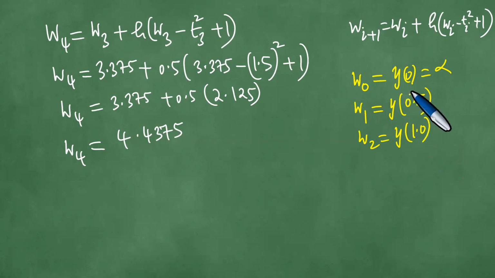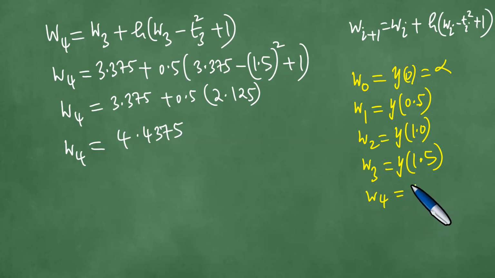Just maintaining the decimal digits there. Then now if you have W3, you add again the h to the 1.0, getting 1.5. So which means that W4 is actually 2.0, meaning this one is actually Y at 2.